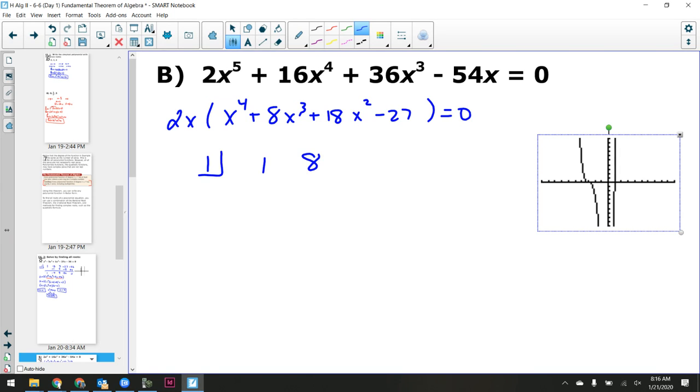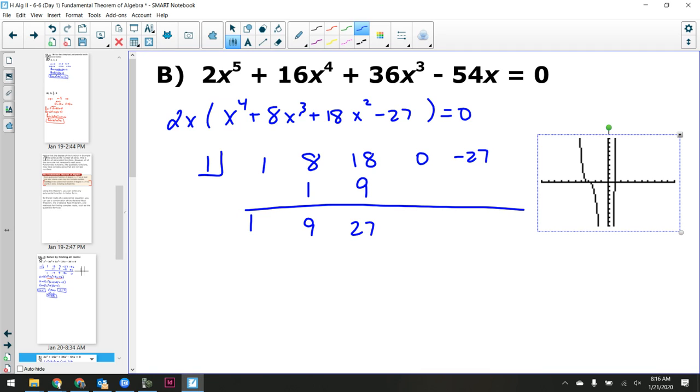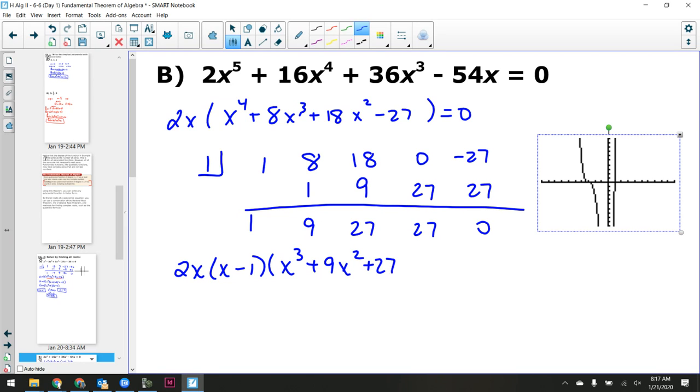Got a 1, an 8, an 18. Don't forget about my 0 as a placeholder for my x term. Drop down the 1. 1, 9, 9, 27, 27, 27, 27, and a 0. So we've got a 2x, an x minus 1, x cubed plus 9x squared plus 27x plus 27.